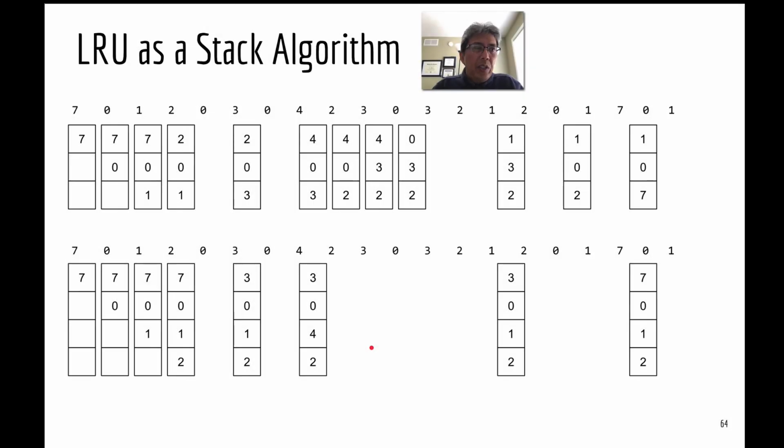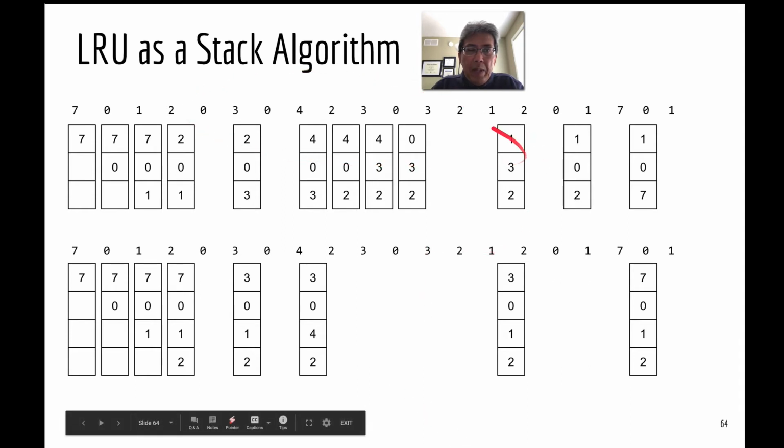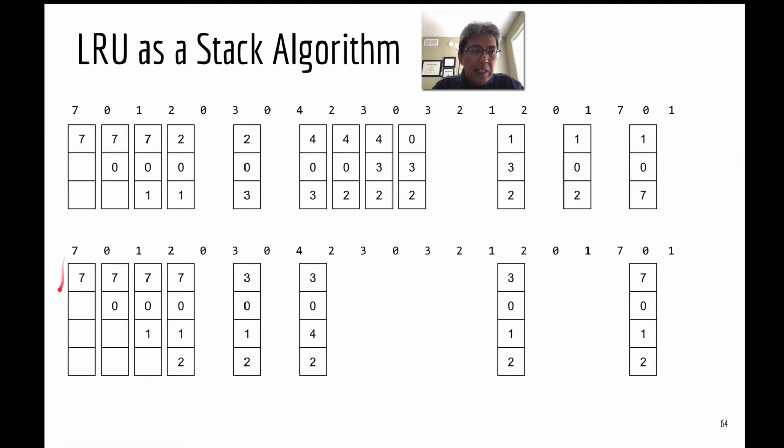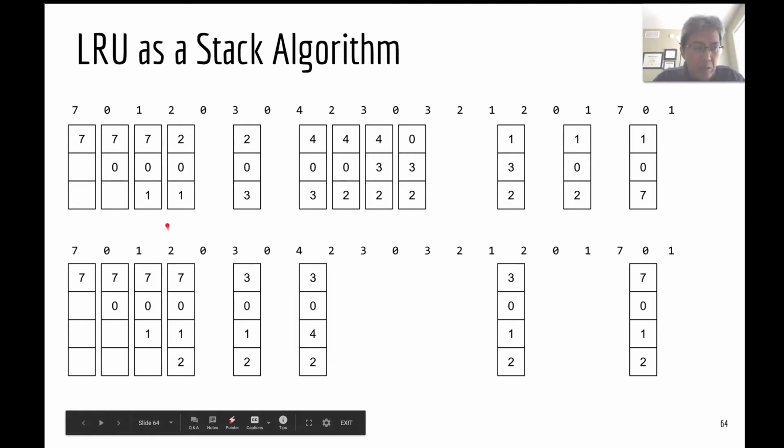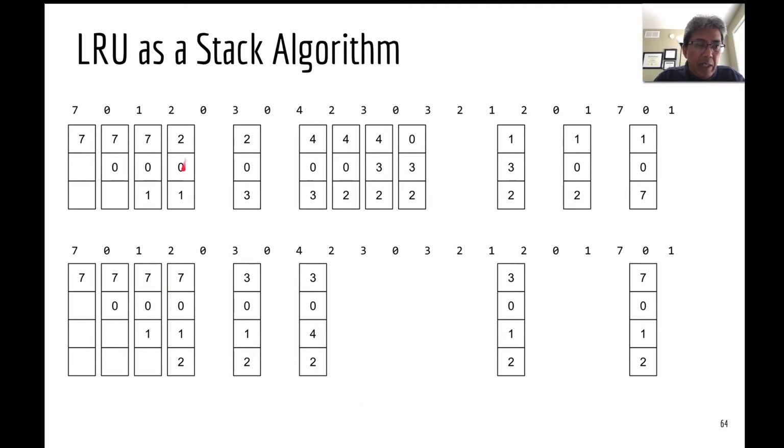Let's look at how LRU behaves like a stack algorithm. At the top of the page, you see 3 frames allocated to your process, and at the bottom of the page is where we allocate 4 frames. If you compare vertically, at each time, you can see that the set of pages in 3 frames is always a subset of pages in 4 frames. So if you compare at time 4, the set of pages resident when we allocate 3 frames is pages 2, 0, and 1.